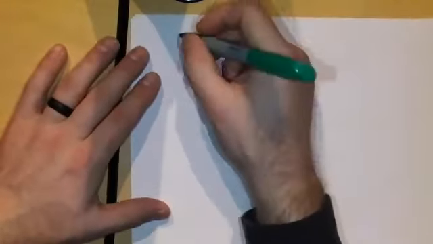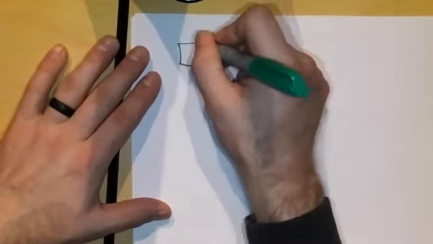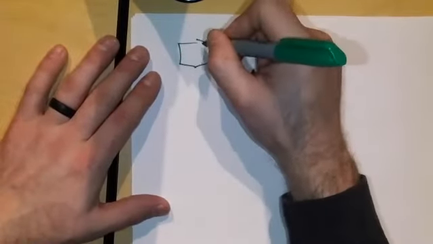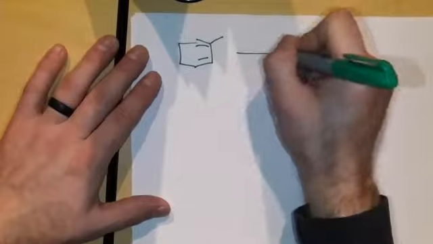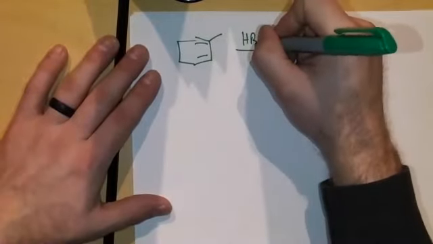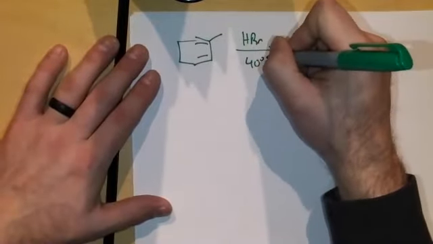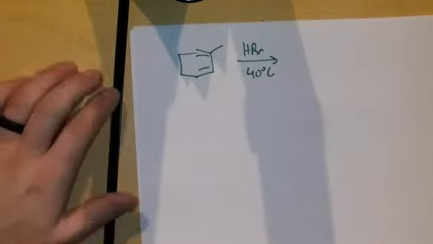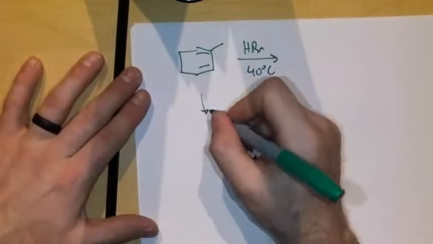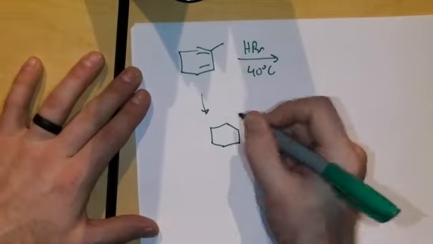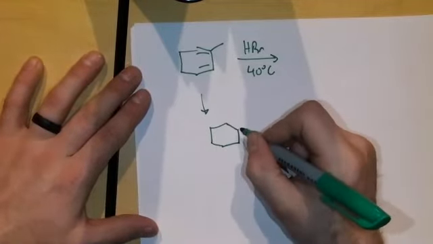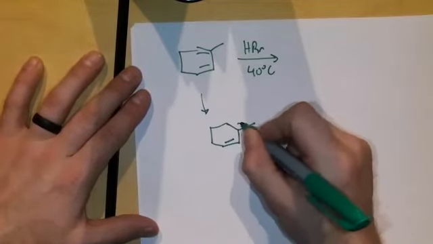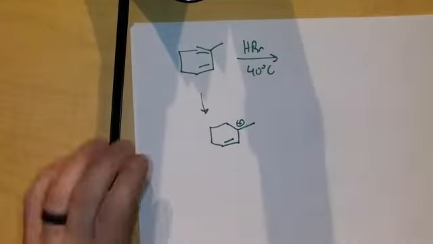But I'm going to stay consistent with the book. So HBr, 40 degrees Celsius. We're doing the same thing as we were before. We're going to make this positive charge here.